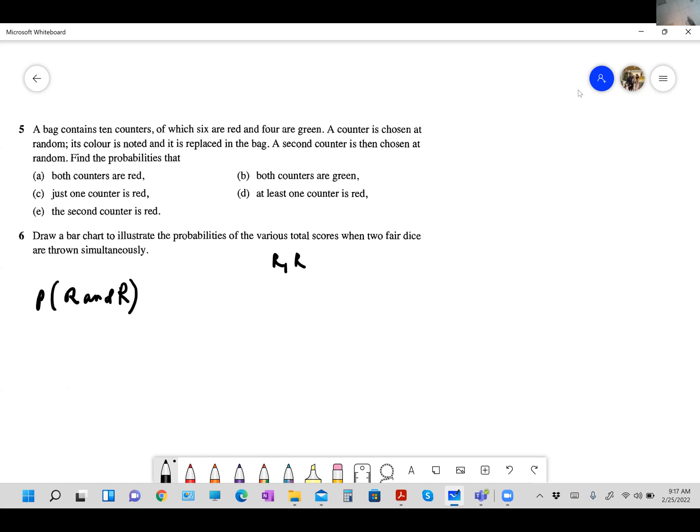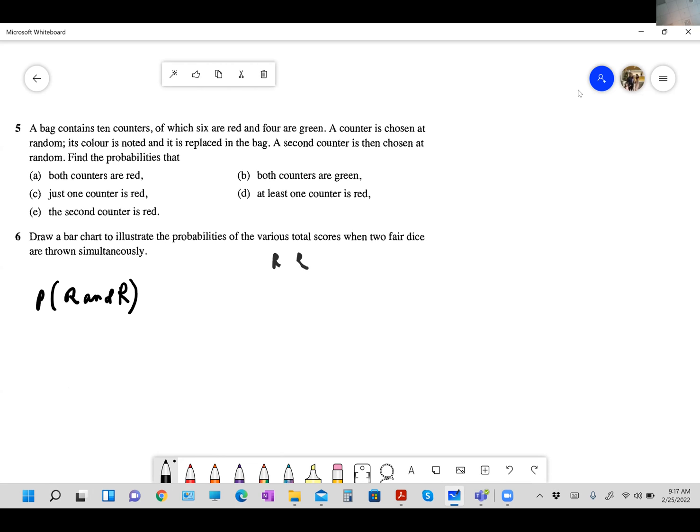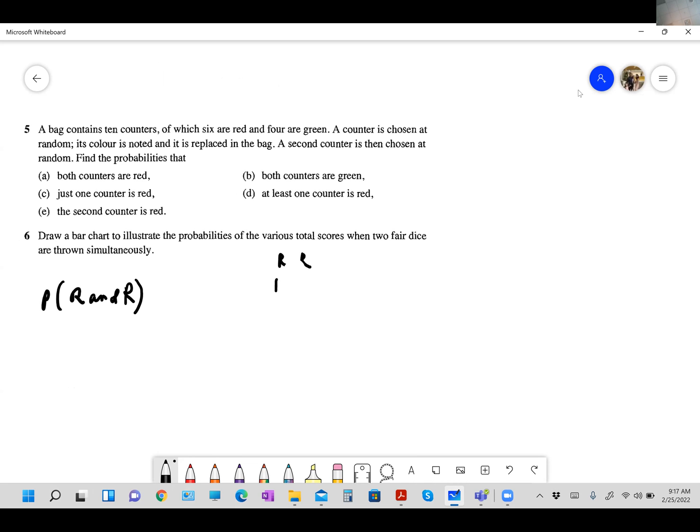Let's just call it RR, to keep it simple. Or you can get red and green. Those R's don't look like R's. So you get red and red, or red and green, or green and red, or green and green. Those are the 4 possibilities that can happen.